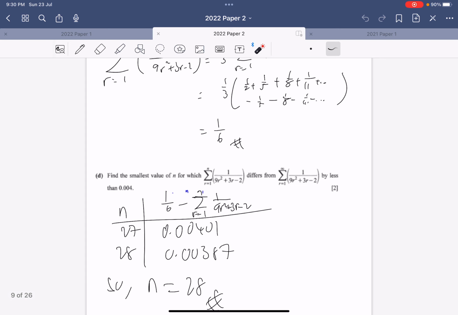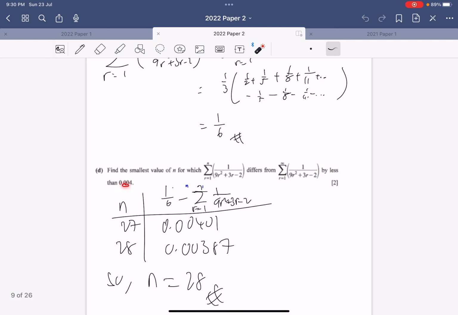So now we're supposed to find the smallest value of n for which this sum from 1 to n is differing to the infinite sum, which equals to 1 over 6, by less than 0.04.